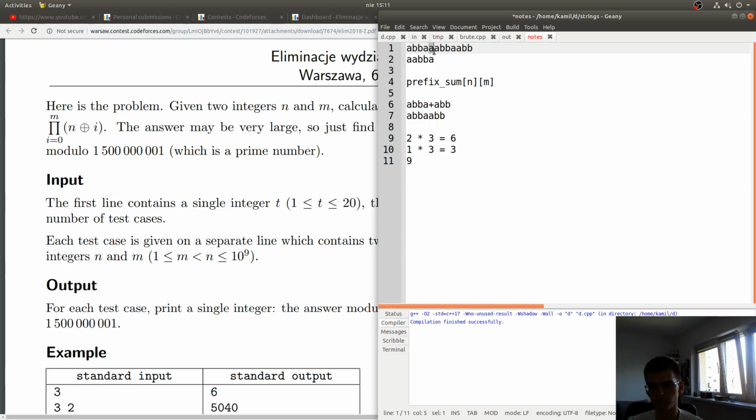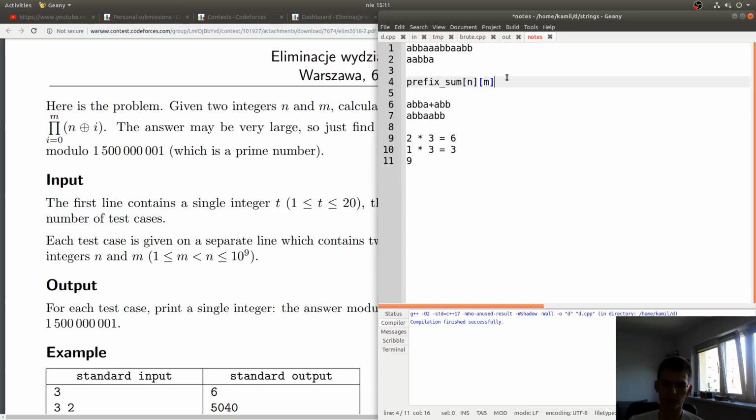When we move to the right, in every moment we know if we have some prefix. For example, when we got up to this place, we know that we have an occurrence of prefix AAB here. So we increase this value by 1, we say yes, we have an occurrence here, and then we apply prefix sums. And the same should be done for suffixes.